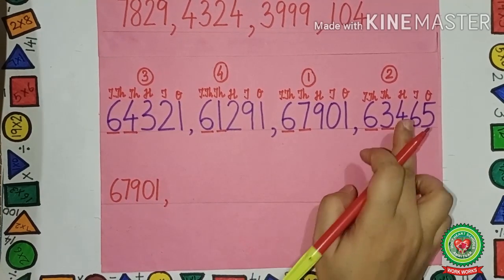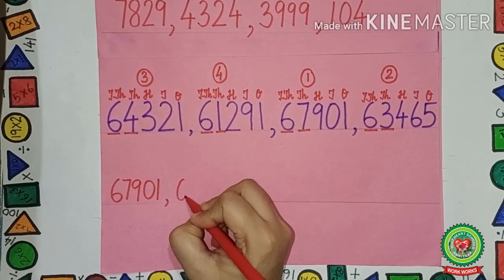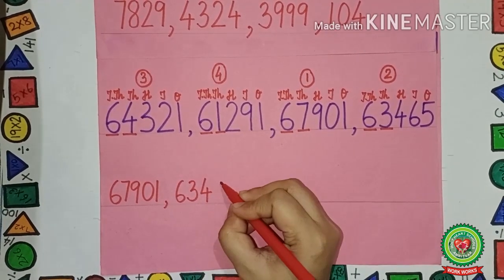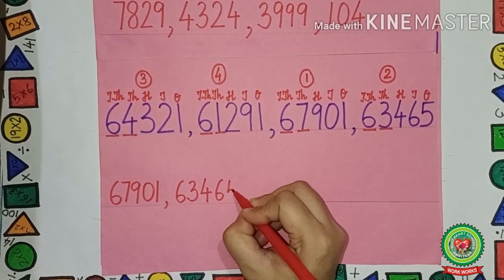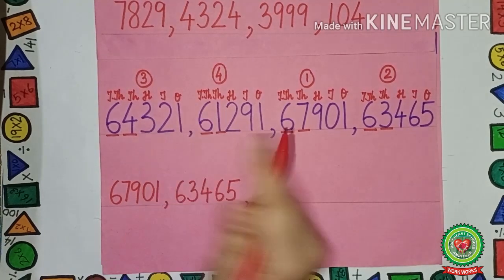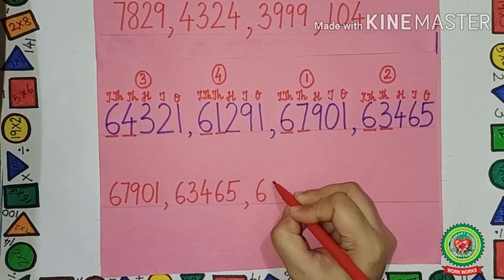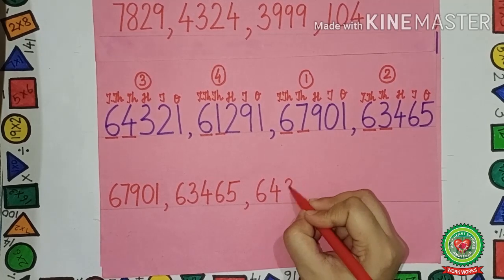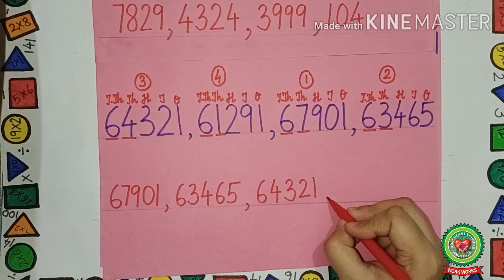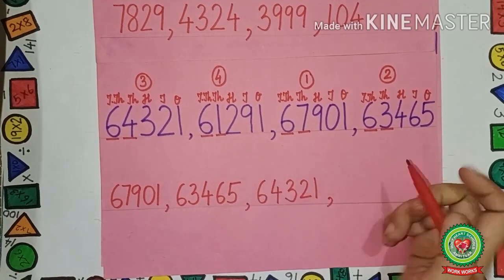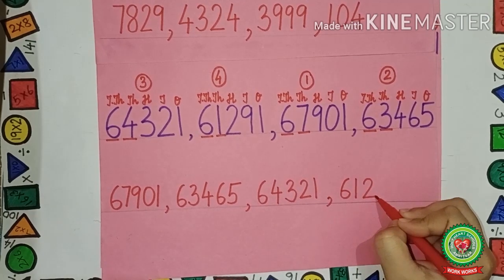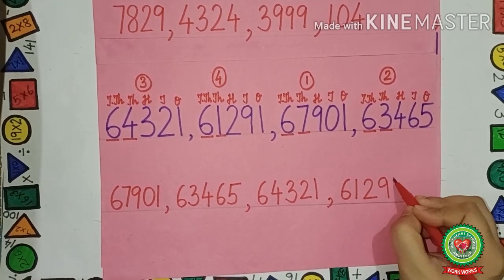Next one is this number, that is 63,465. Next one is this number, 64,321. And the last one is this number, that is 61,291.